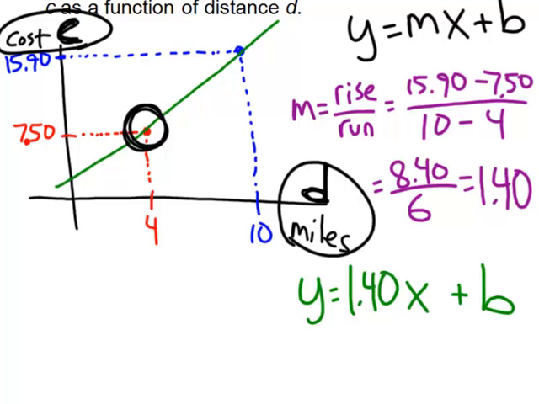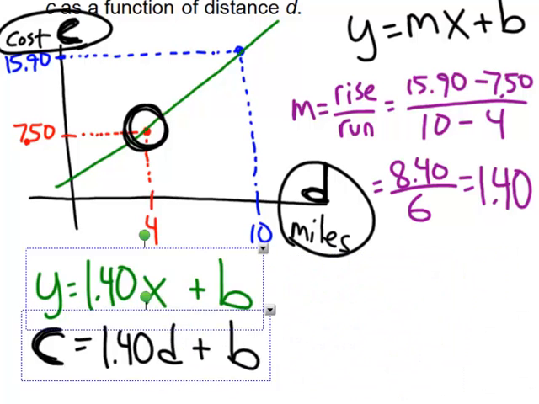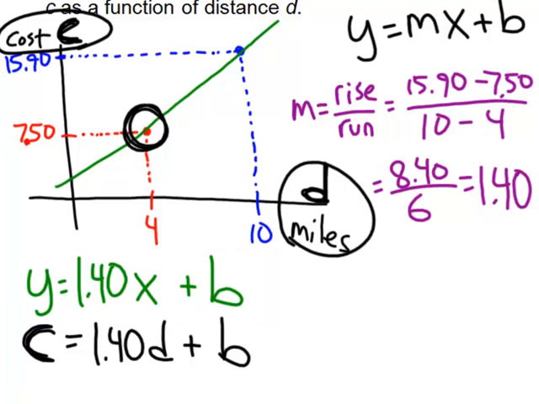Instead of y equals 1.40x plus b, let's say the dependent variable c equals 1.40 times the independent variable d plus b. All right, now let's plug in those numbers. This is getting a little bit messy, but I hope you're keeping up. We're not too far from our answer.